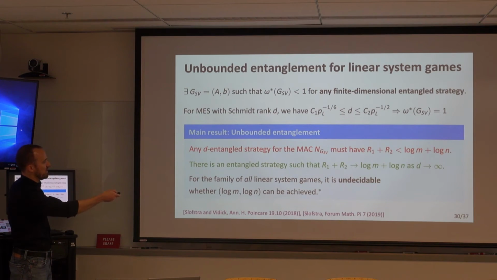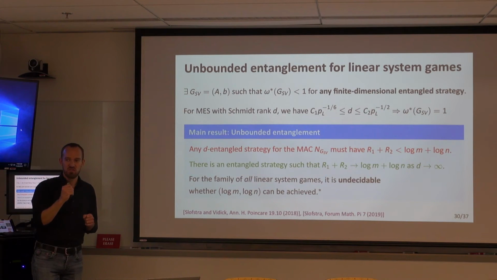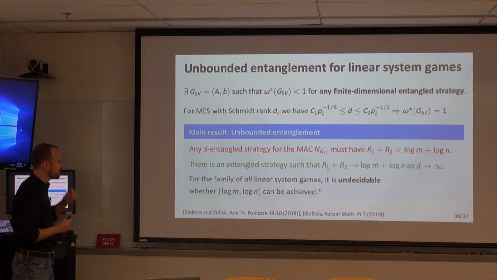Which is kind of the corresponding result for what they showed using this quantum strategy. If you allow for more and more entanglement, you can actually get closer and closer to a maximal winning probability of 1.